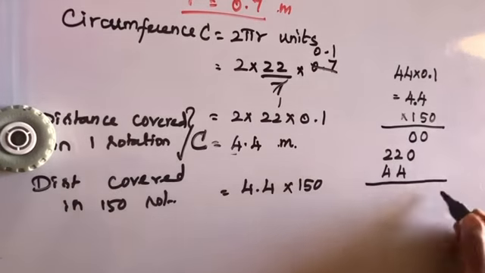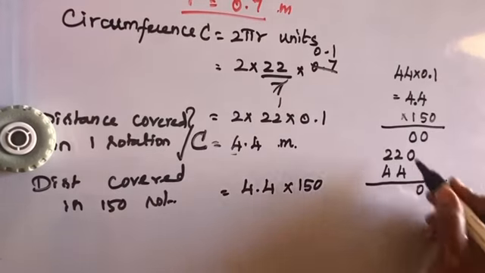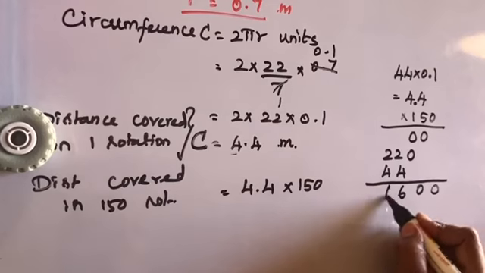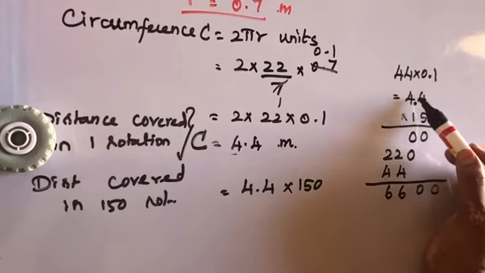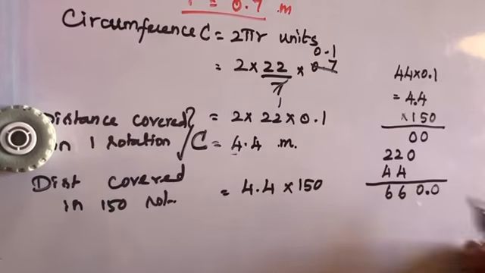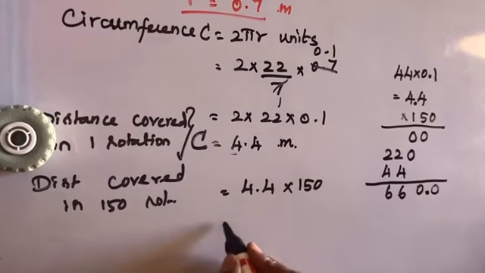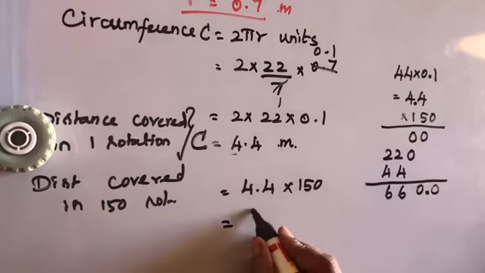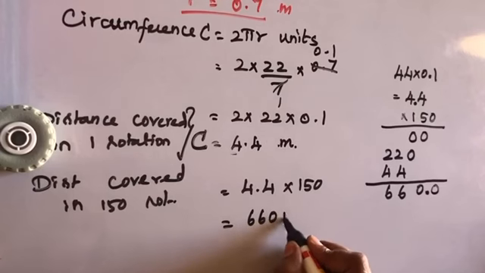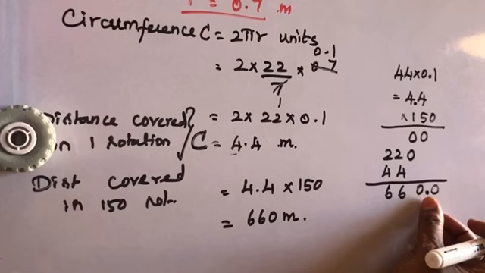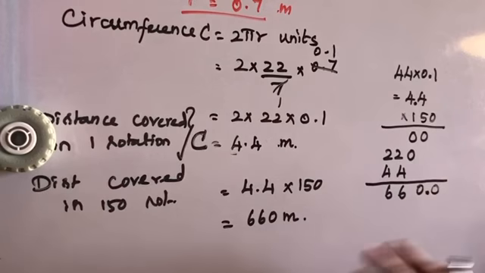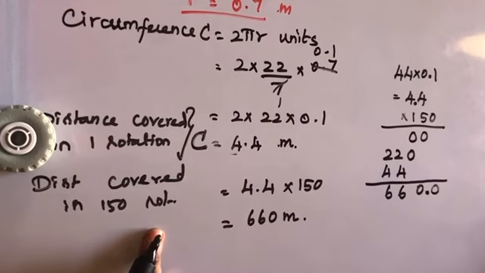So 0, 6 and it is also 6. So before one decimal place you have to keep the point. So the distance covered in 150 rotations is 660 meters. Only 0 is there after the decimal point, so we can ignore it.